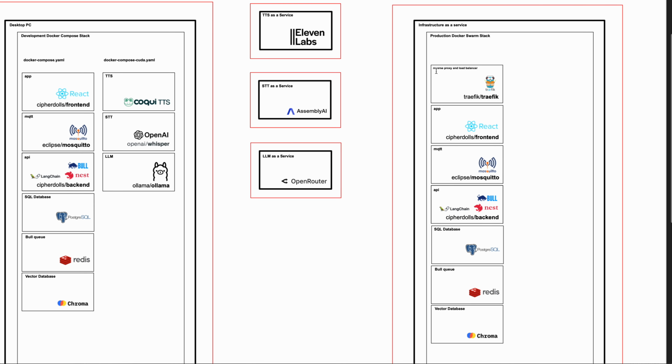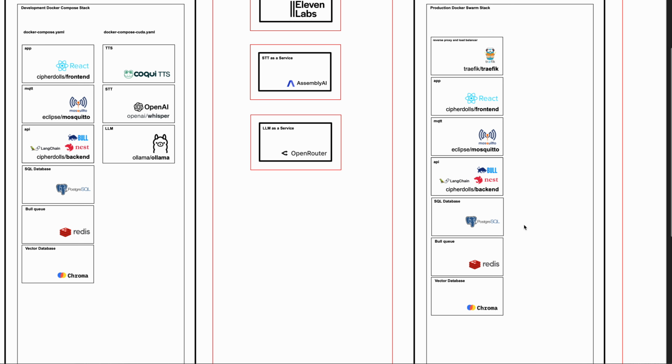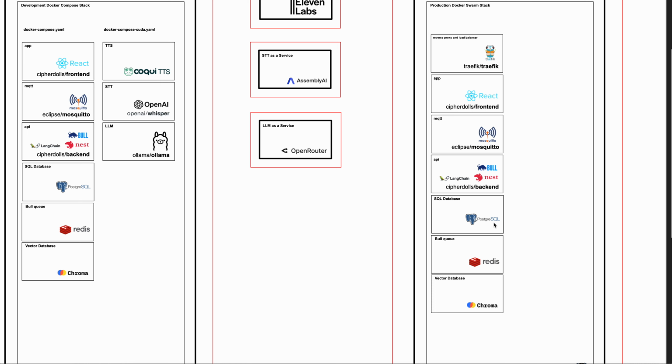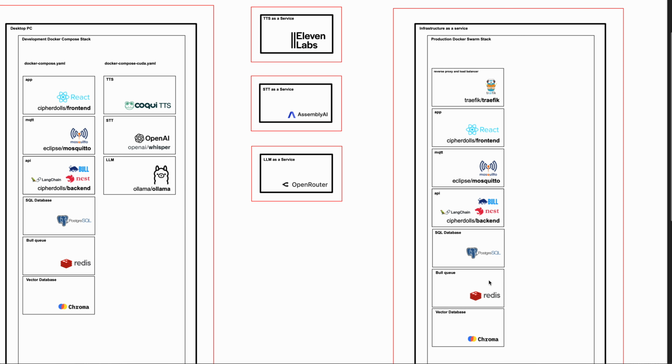And then I use a Traefik reverse proxy that accepts the incoming HTTP and HTTPS traffic, and then forwards it to different services like the front end, the back end, or the MQTT service. The backend is also currently running PG Vector and Redis for all the messages and embeddings, and for queuing as well.